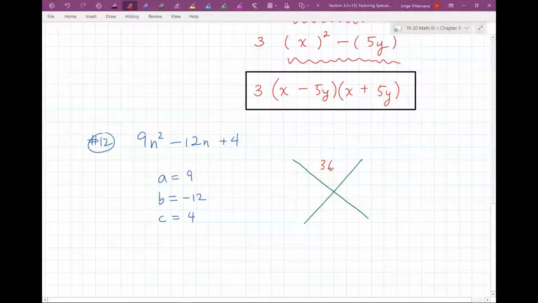And on the bottom, you write your B value. That's your negative 12. And then you ask yourself, which 2 numbers multiply to 36 to add to negative 12? What is that? Negative 6. For both of them, right? Negative 6 times negative 6 is positive 36. And negative 6 minus 6 is negative 12.